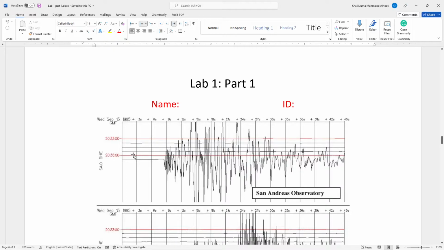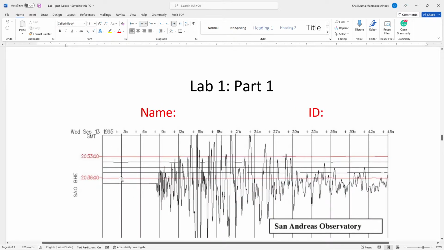So the start of this red line here is exactly 20 hours and 36 minutes. And each vertical line is exactly 3 seconds. So here the time is exactly here. At this specific point, the time is 20 hours, 36 minutes, and 3 seconds.